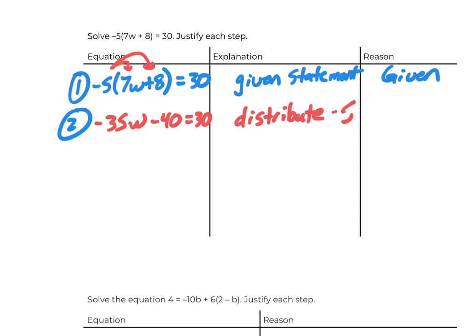And my explanation is that we're going to distribute the negative 5 to the parentheses. And because we distributed, then, pretty straightforward here, that is the distributive property. Okay? A lot of these we don't have to overthink it. We just have to ask ourselves what we're doing.